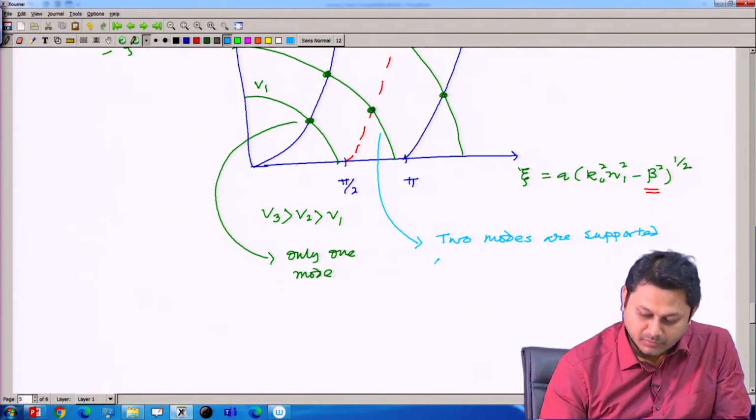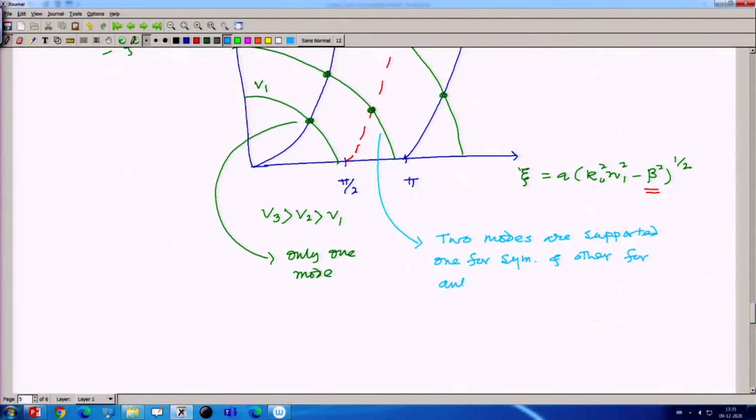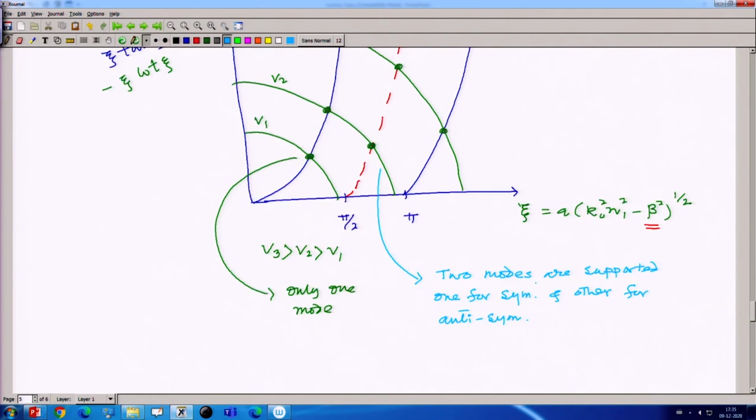So, one for symmetric and other for antisymmetric. So, two solutions are available here for this value of V2, one for symmetric and another for antisymmetric.